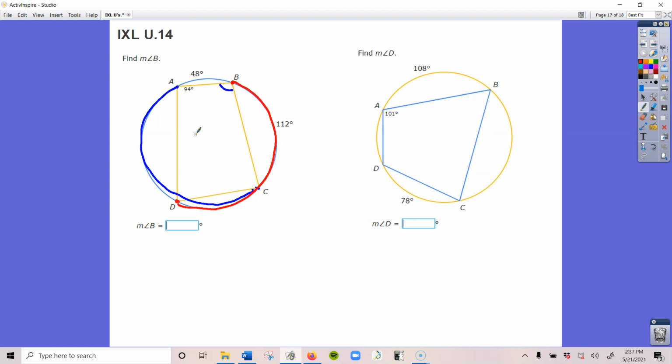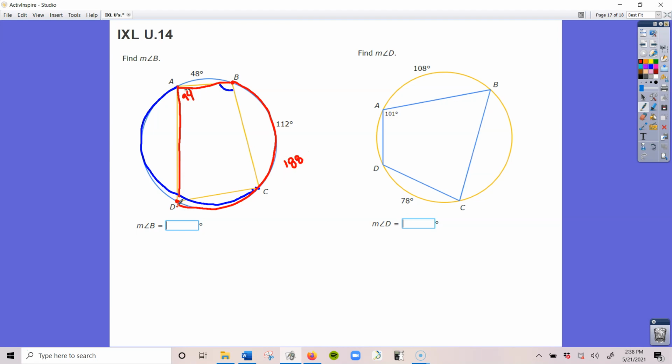If you're not sure of the arc that it intercepts, you just look at where the angle is located and follow those lines. And then that's the arc. So if this is 94, sorry, I cut it off, then the arc measure is double the 94. Because remember that this angle, which is way far back, is half of the central angle, which is equal to the arc. So to figure out this entire arc, we would do 94 times 2, which is 188. So the whole thing is 188.